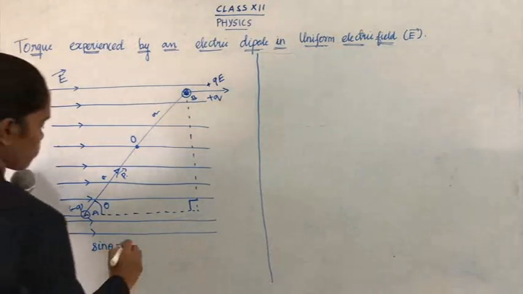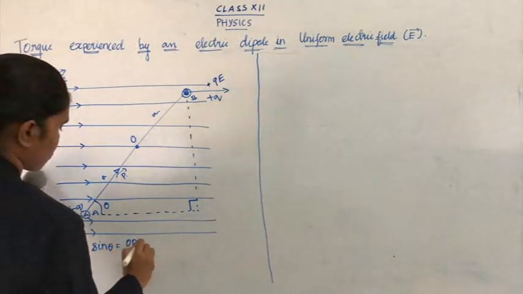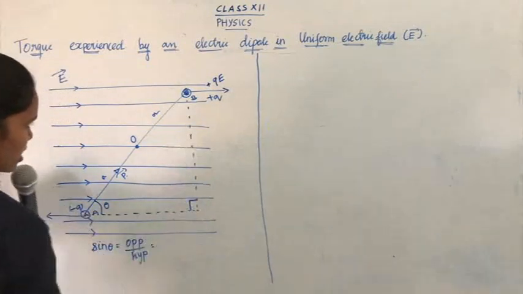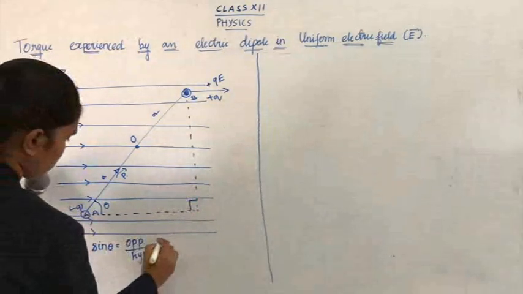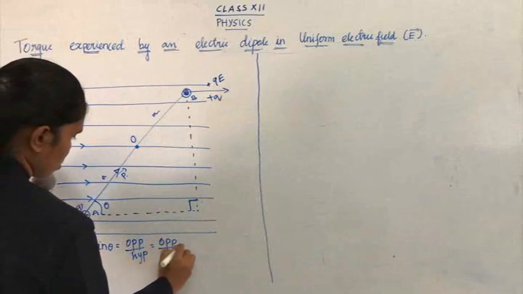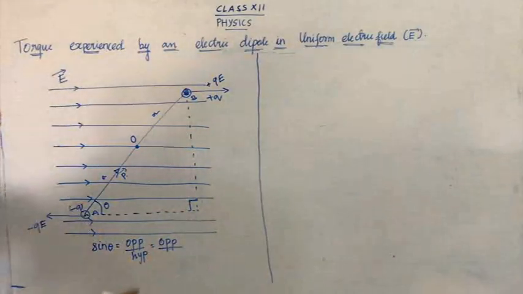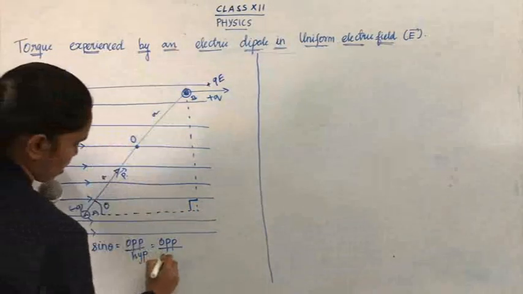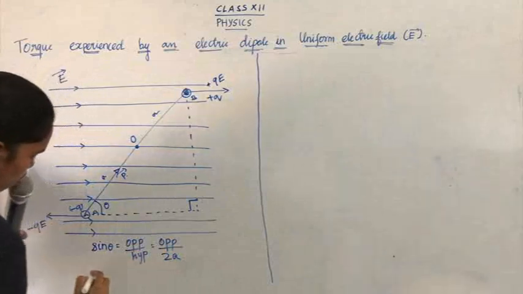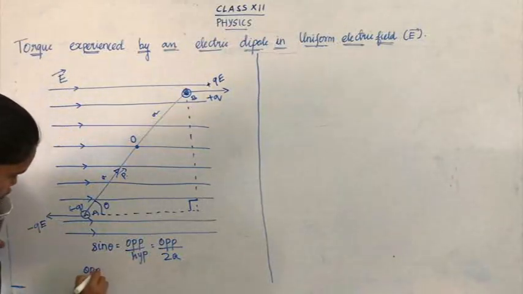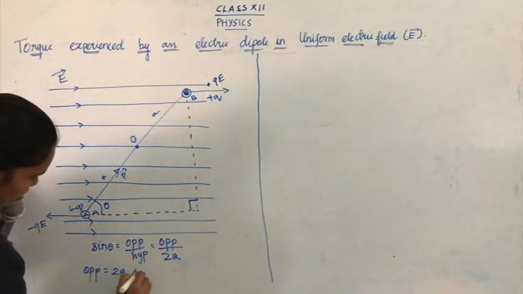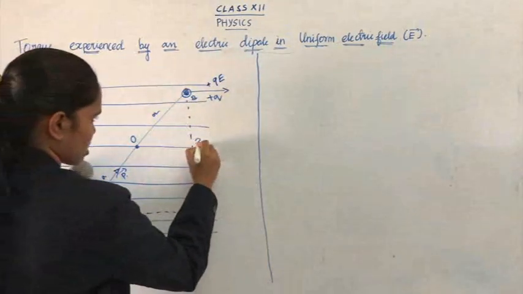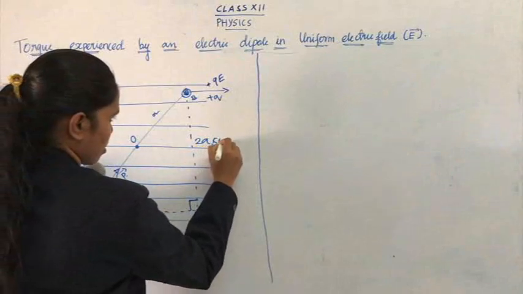What is sin theta? Opposite side by hypotenuse. What is the opposite side here? We don't know, so keep it as the opposite side. What is the hypotenuse? That is 2a. So the opposite side is equal to 2a sin theta.